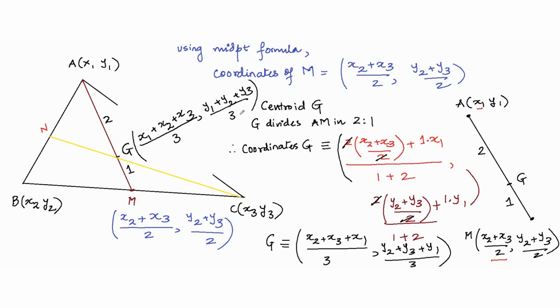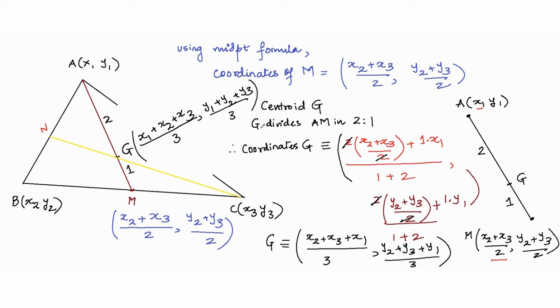So if you try to think about it, midpoint was basically the average of the 2 points whose midpoint we were trying to find. So in the midpoint formula, you had addition of the x coordinates divided by 2 and addition of the y coordinates divided by 2 again.